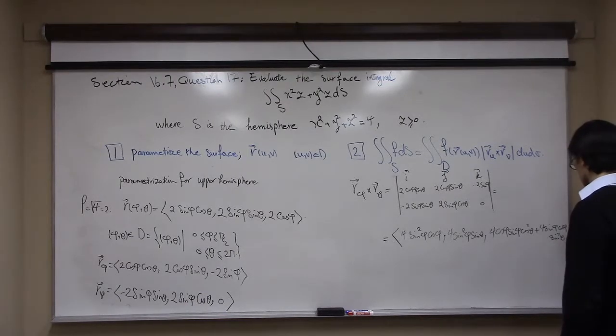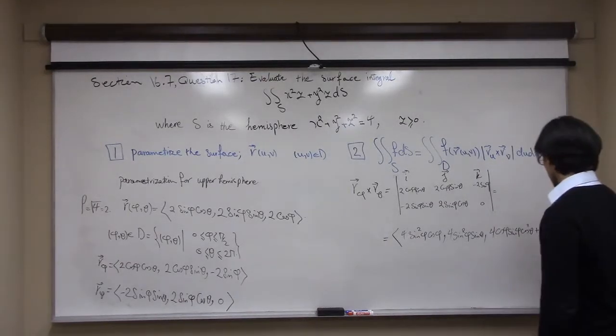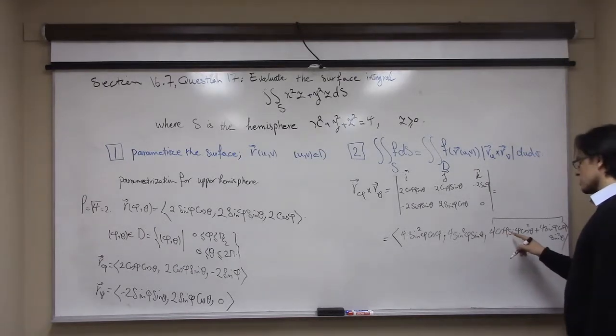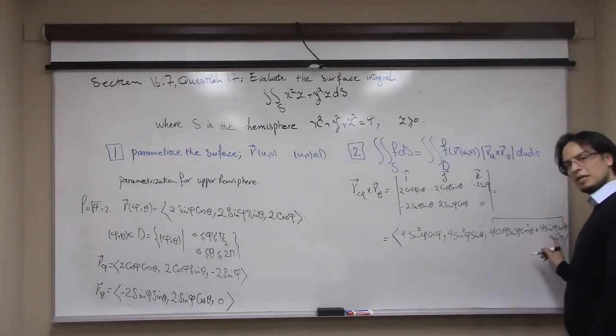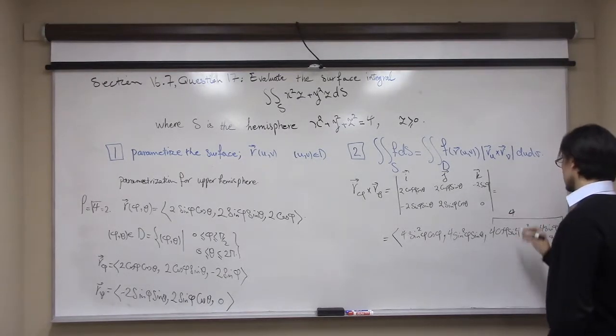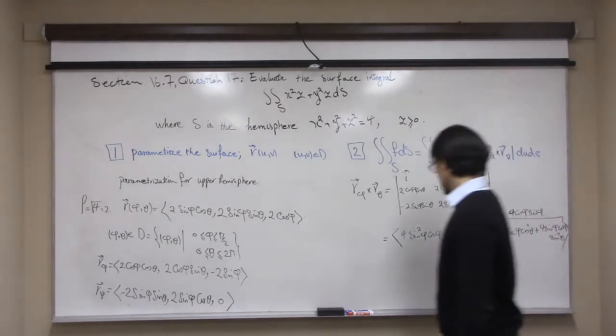That's the third component. Okay? But note that in the third component, I can factor out 4 cosine phi sine phi, and the remaining part would be cosine squared plus sine squared. So the third component can be simplified to just this, 4 times that.